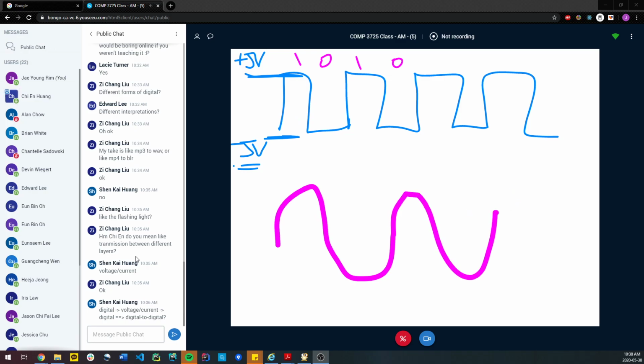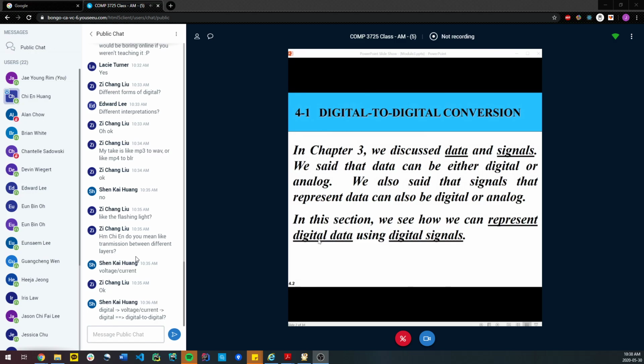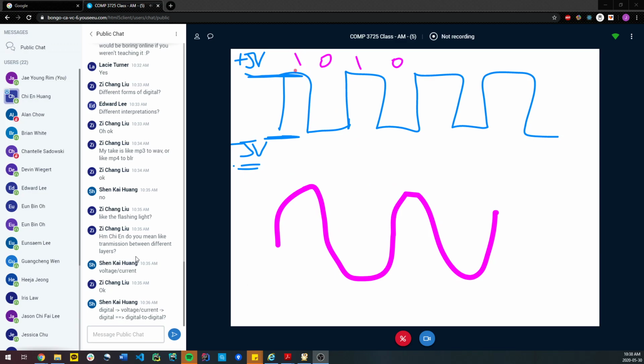The first thing that we want to look at is transformation of digital data, which is the first digital here, using digital signals. The simple argument is this: I cannot send digital data, which is 1010, as a logical state, but I can send some voltage levels just to represent these logical states.